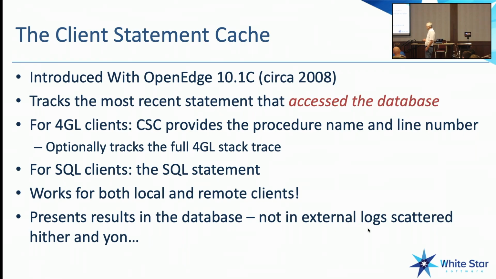It works for both local and remote clients, so it's not restricted to just shared memory or client-server connections. The results are stored in the database. So you can query them or look them up through Promon or something like that. So you don't have to go find a log file somewhere in some mysterious place that you can never remember.